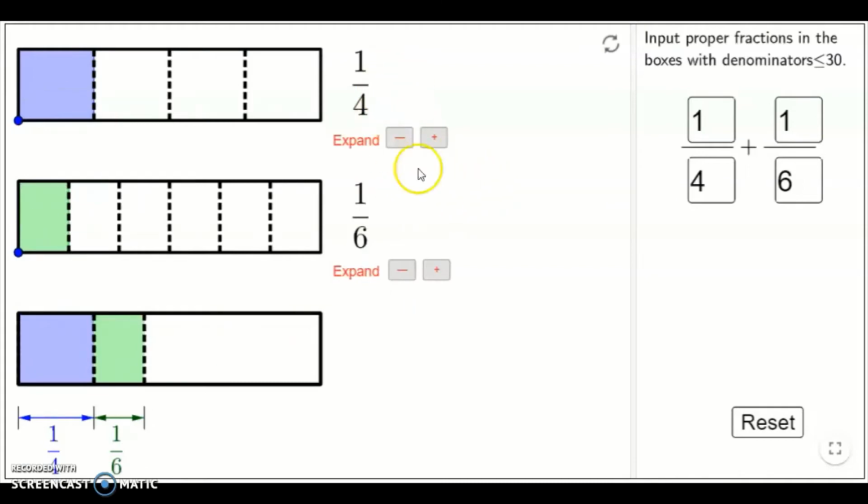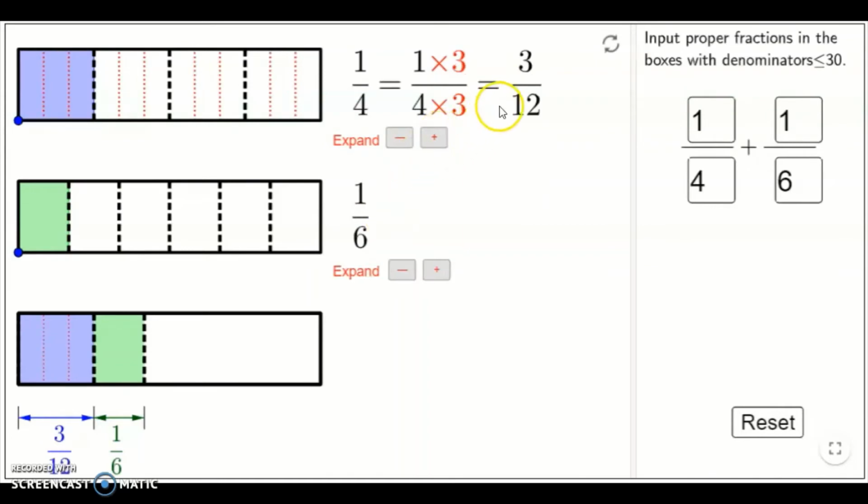And now I need to find the lowest common multiple of 4 and 6. What is the smallest number in both the 4 times table and the 6 times table? Multiply top and bottom by 2, I will get 8ths. That's not in the 6 times table. By 3 and I will get 12ths, and that is in the 6 times table.